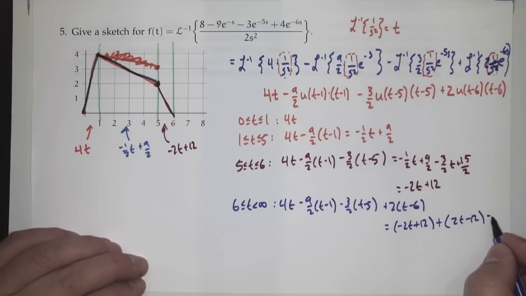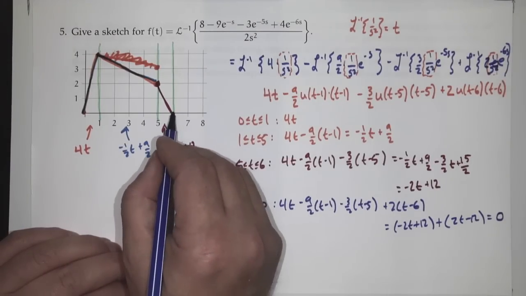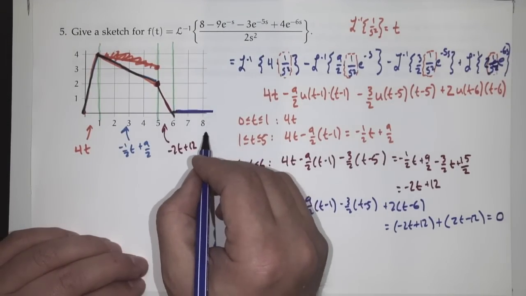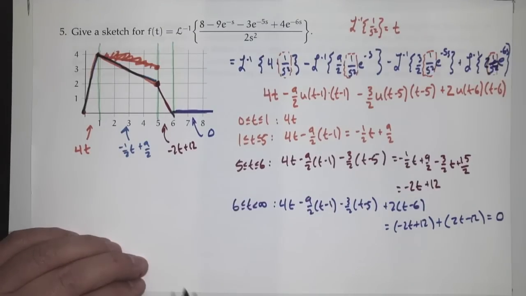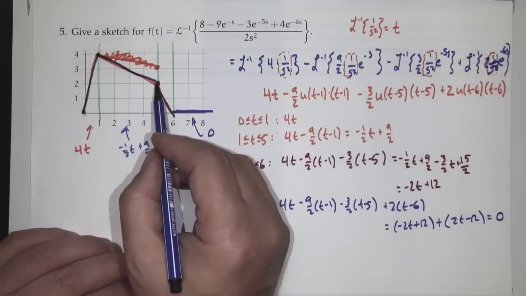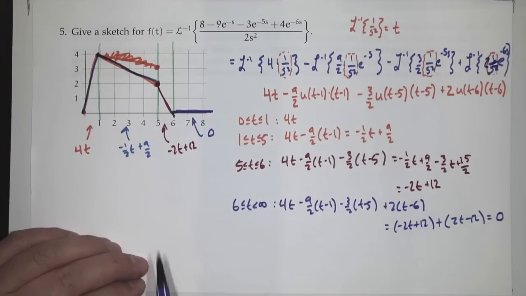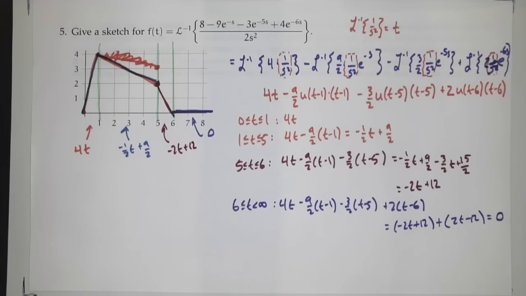The net result is 0. So the last stretch is 0. So it goes up, down, steep down, back to the axis, and flat. So that's our sketch for our function.